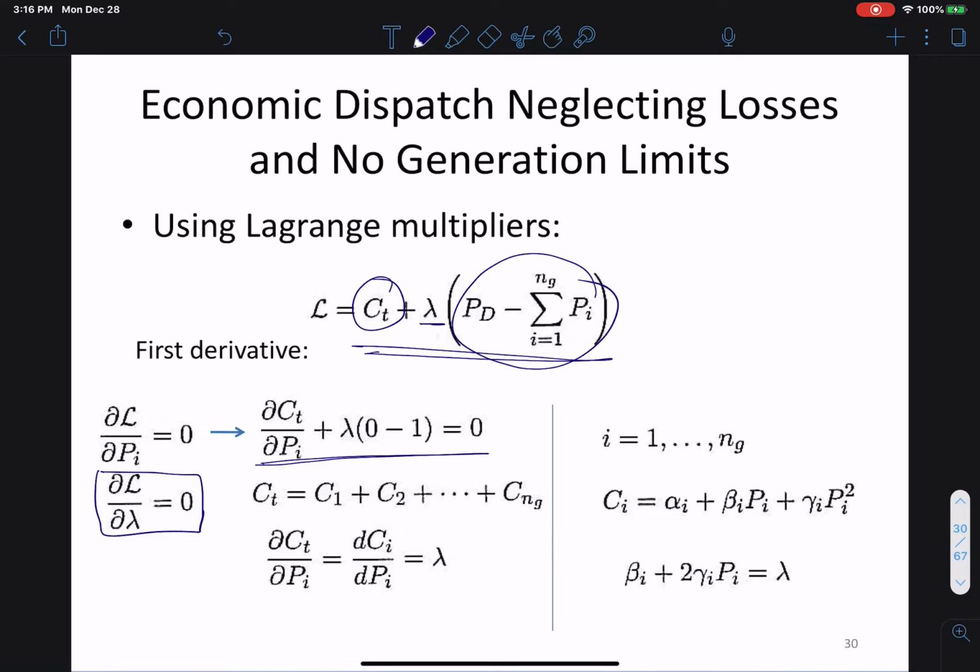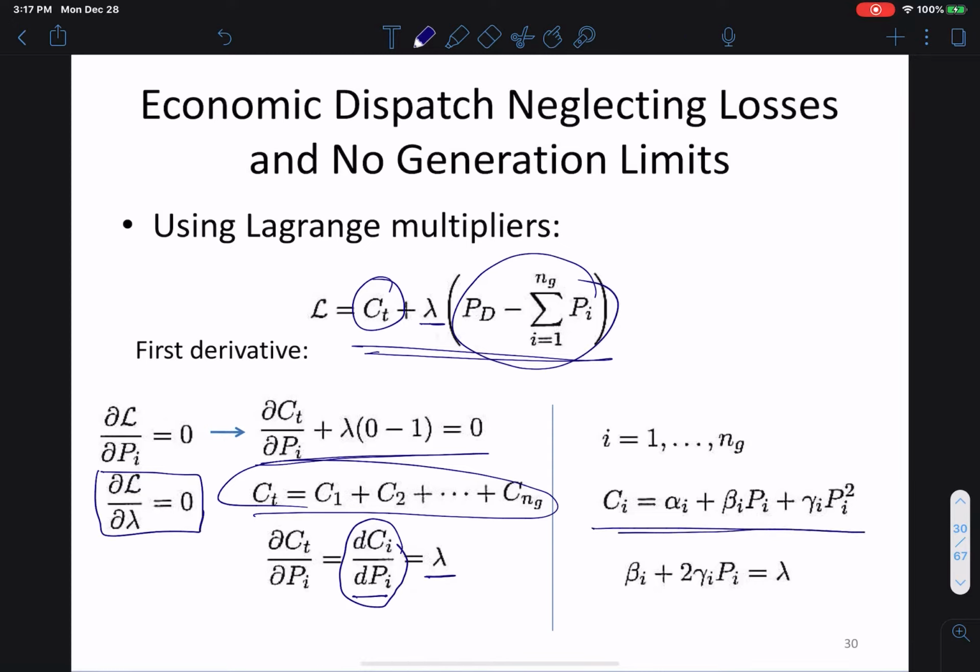Then the total cost CT is what you get when you add all of them, and if you do it one by one, dCi by dPi is also lambda. That's what you have seen before. Ci could be any power plant, and this is the equation for that power plant.